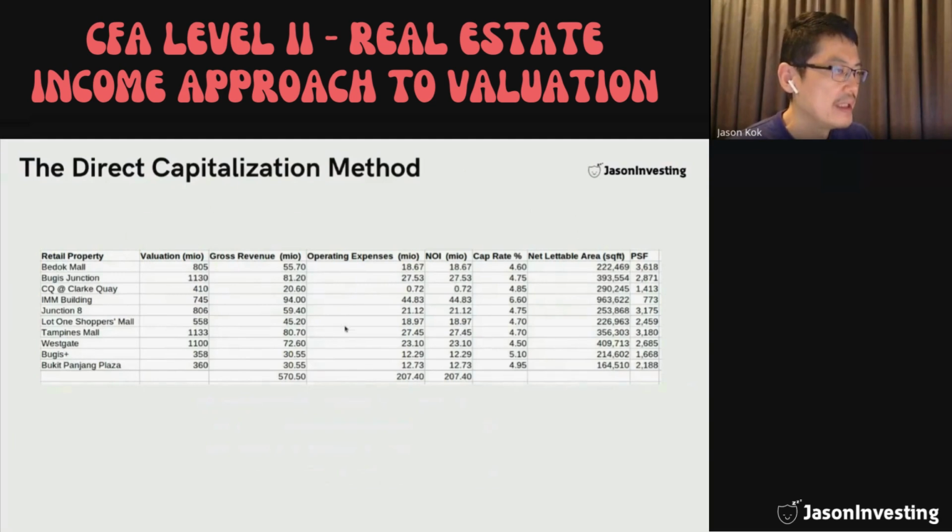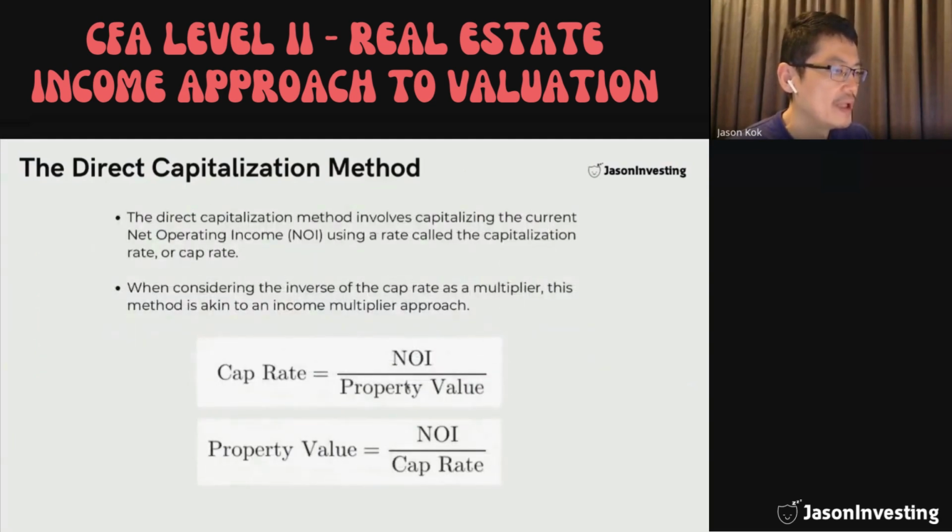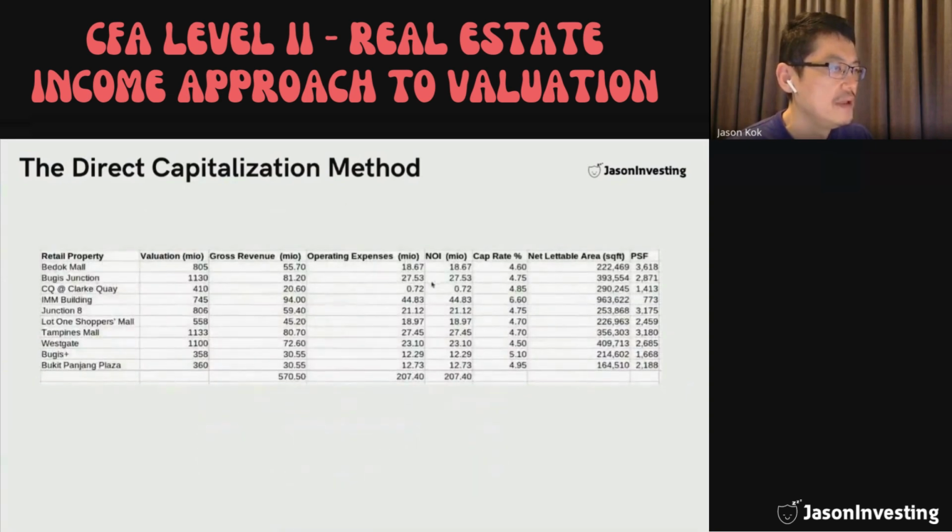And remember that the cap rate is defined as the NOI divided by the property value. So this divided by the valuation will give us the cap rate. Or given the cap rate, we can calculate the valuation. But in this case, the valuation is given by the appraisal, and we just generate the cap rate.